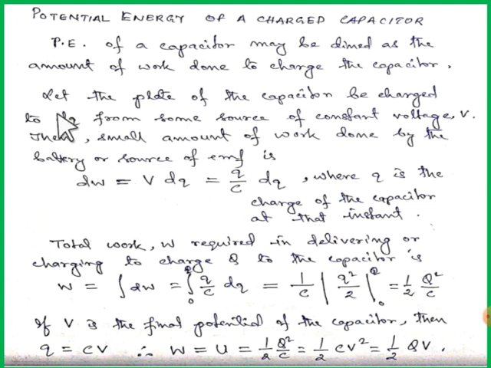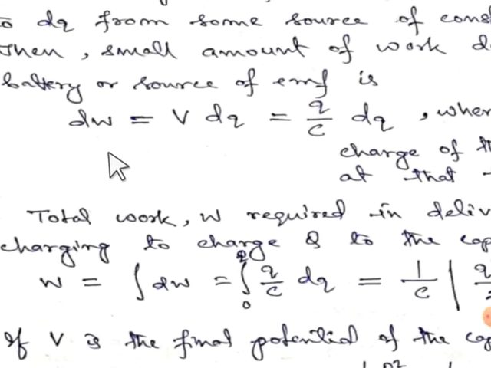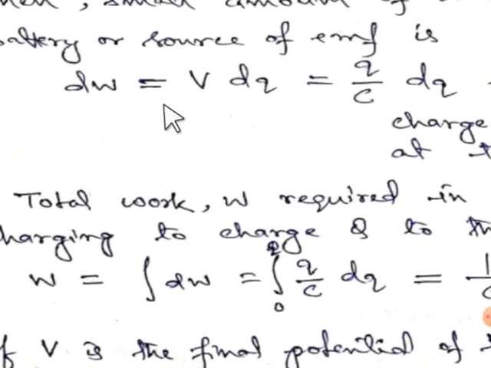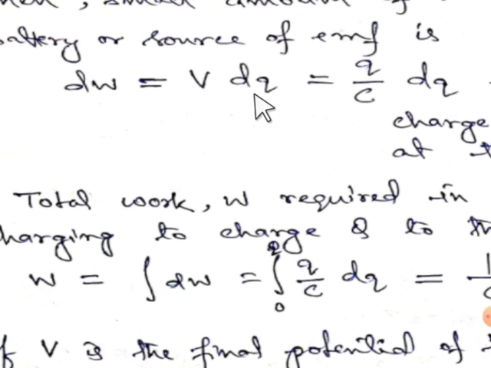A small amount of charge dq is transferred to that capacitor. Let's take it that it has been transferred from a constant potential V from the source of EMF or from any other source. Then what happened? The small amount of work done will be denoted by dW, and that dW will be equal to what? V into dq. This is coming from your definition of potential difference.